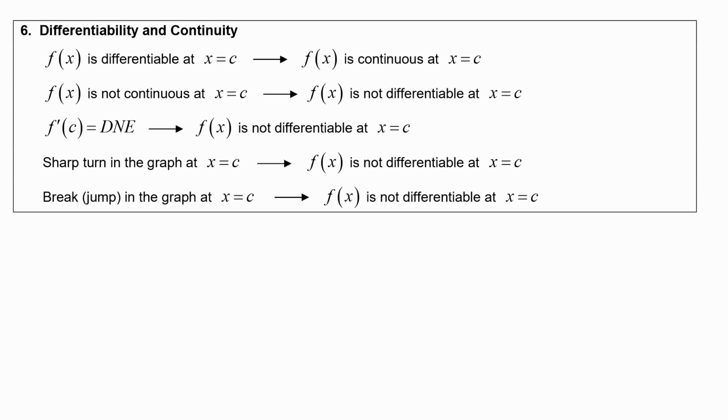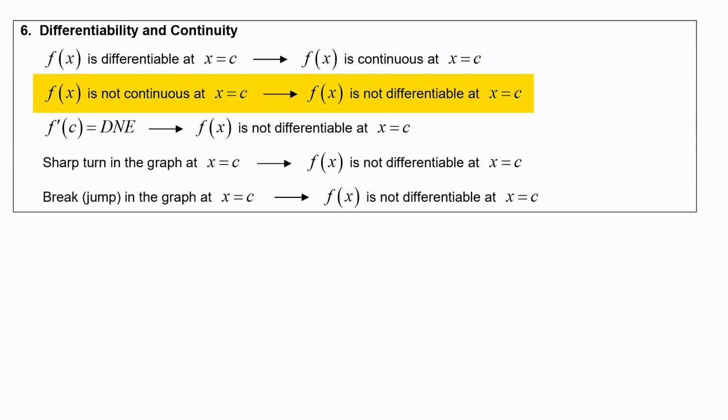Next, we look at the relationship between differentiability and continuity. If f of x is differentiable at x equals c, that implies that f of x is continuous at x equals c. So differentiability implies continuity.